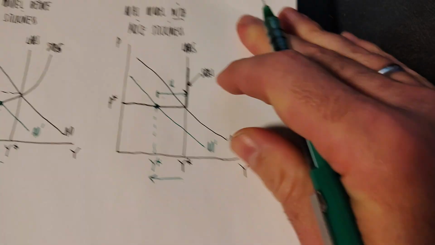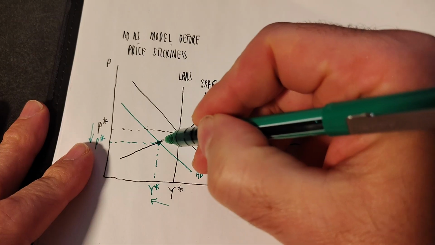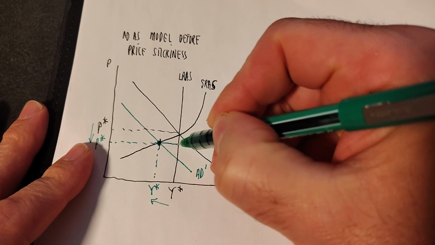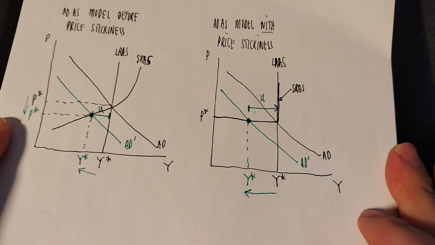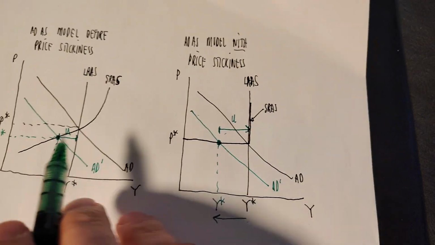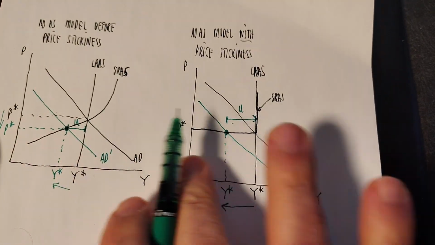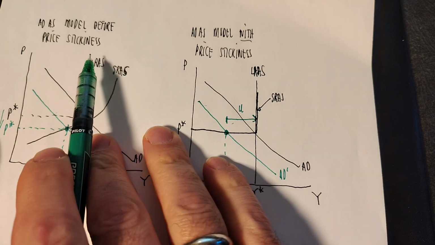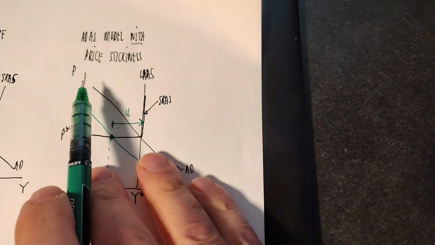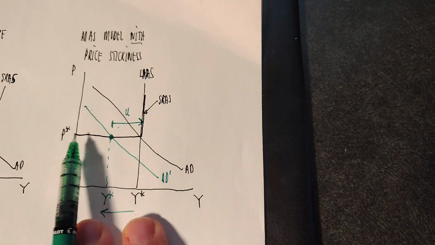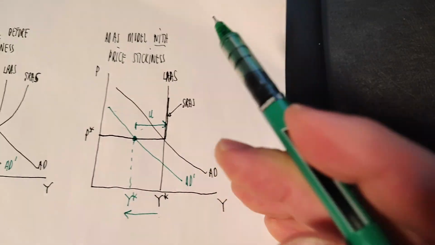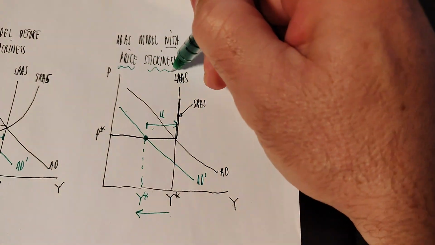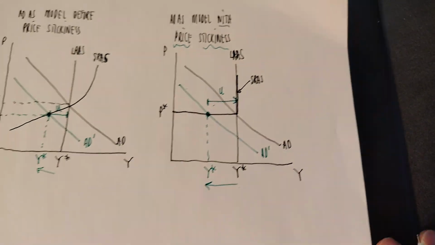So you can see that the unemployment reaction here is also a lot greater than it was here. Big difference there, okay? So again, the primary difference between the regular aggregate demand, aggregate supply model and the Keynesian version is a flat short run aggregate supply curve, and that is indicative of price stickiness. That's what rules the roost here, all right?